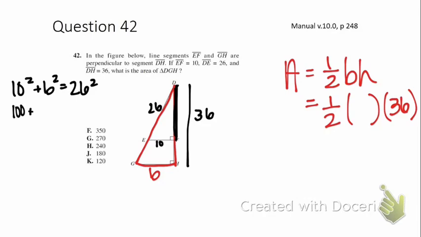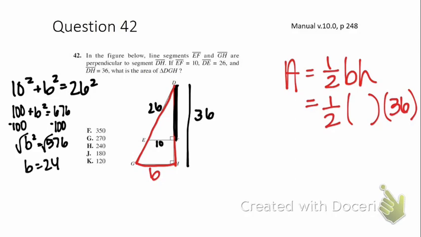So 100 plus b squared equals, let's see here, 676. Subtract 100. So b squared equals 576. And then take the square root, and I get 24. So I know right here, this side is 24.